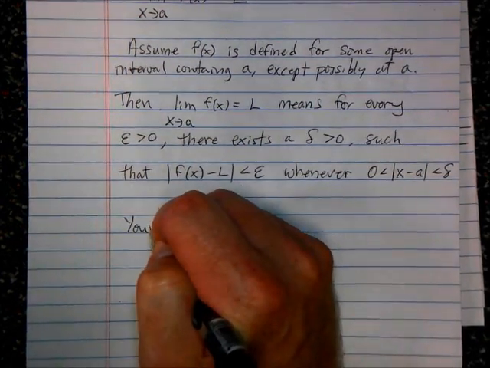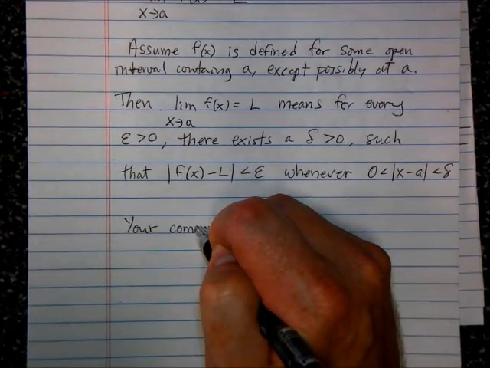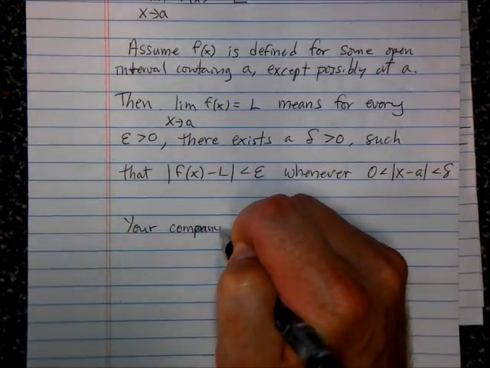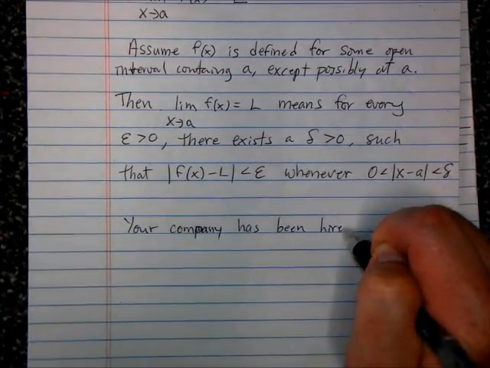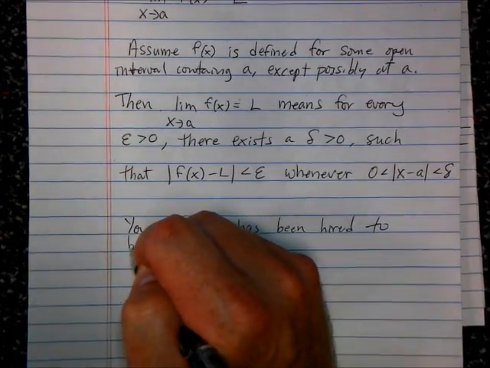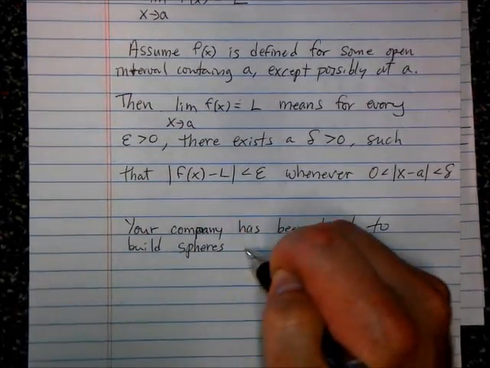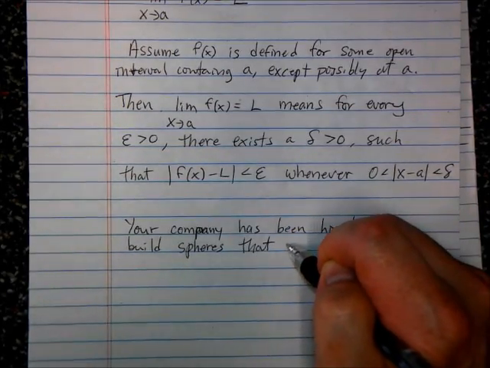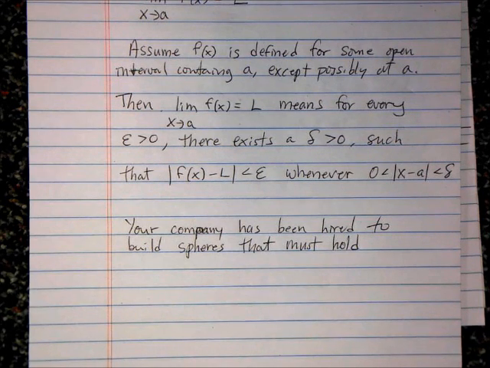Your company has been hired to build spheres that must hold, I don't know, how big do you want your spheres to be? How much do they have to hold?